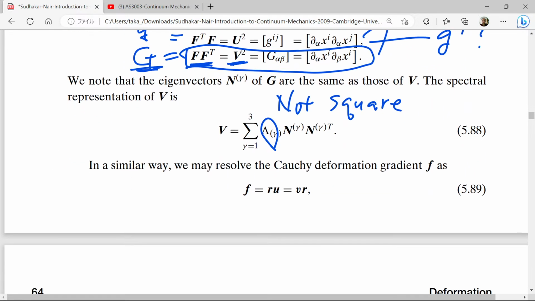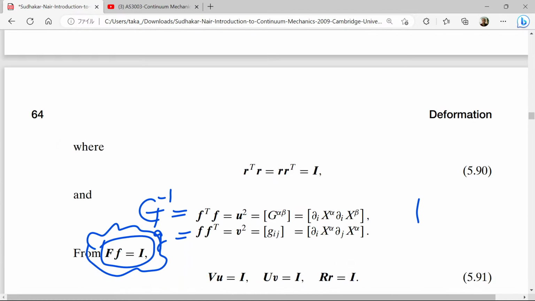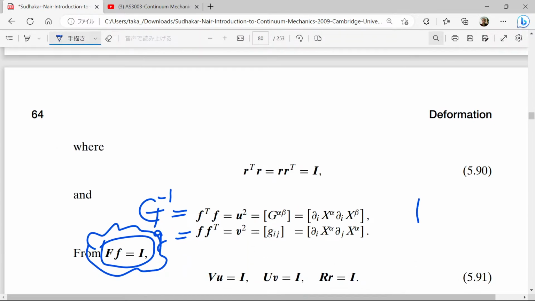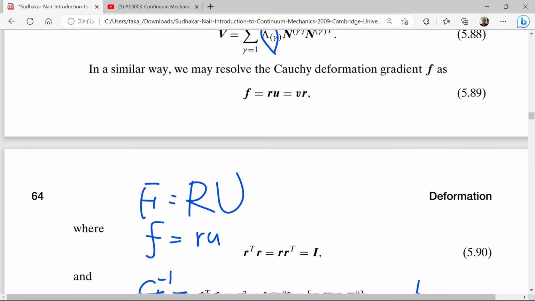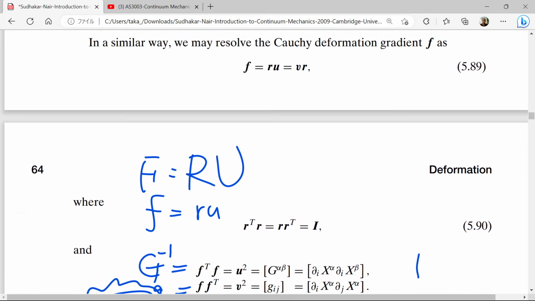F is RU, right? See, F is RU, and small f is the inverse.